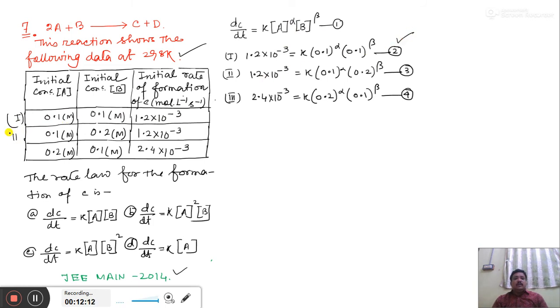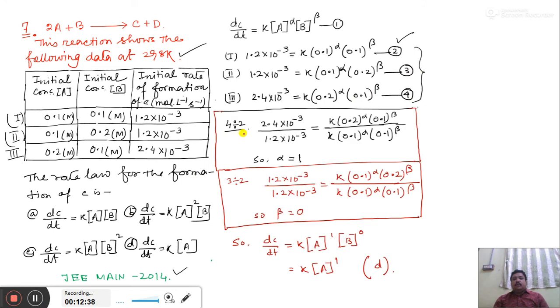From the second experiment, we can write 1.2 into 10 to the minus 3 is equal to K into 0.1 to the power alpha into 0.2 to the power beta. And from experiment 3, we can write 2.4 into 10 to the minus 3 is equal to K into 0.2 to the power alpha and 0.1 to the power beta. By using equations 2, 3 and 4, we can solve for the values of alpha and beta.